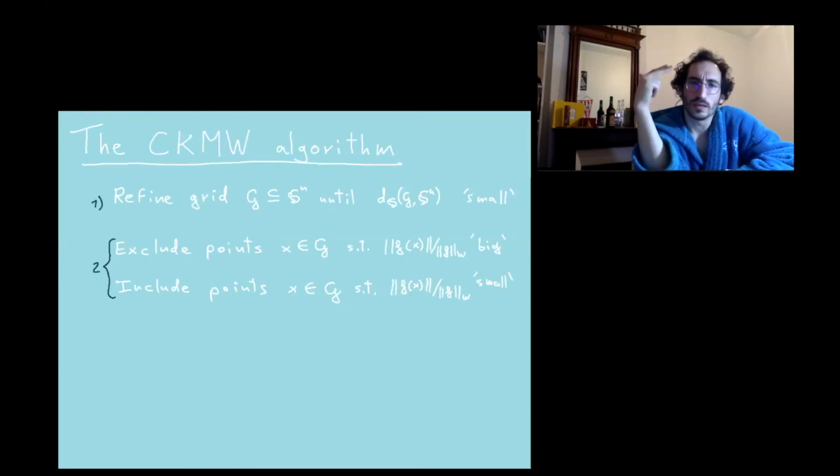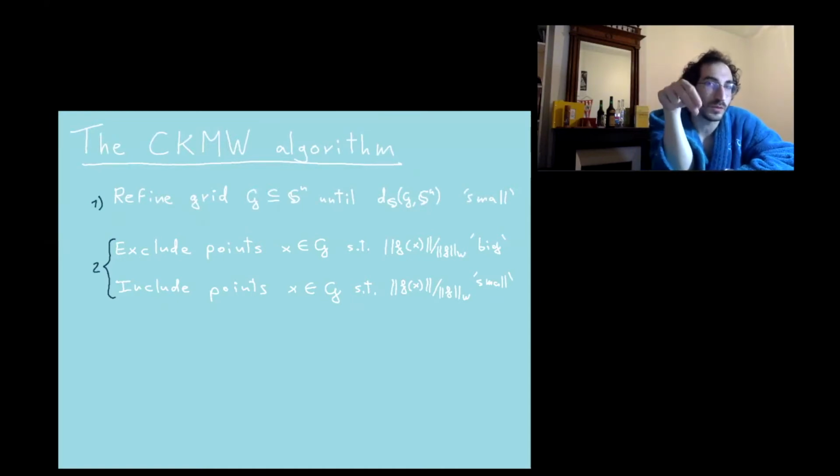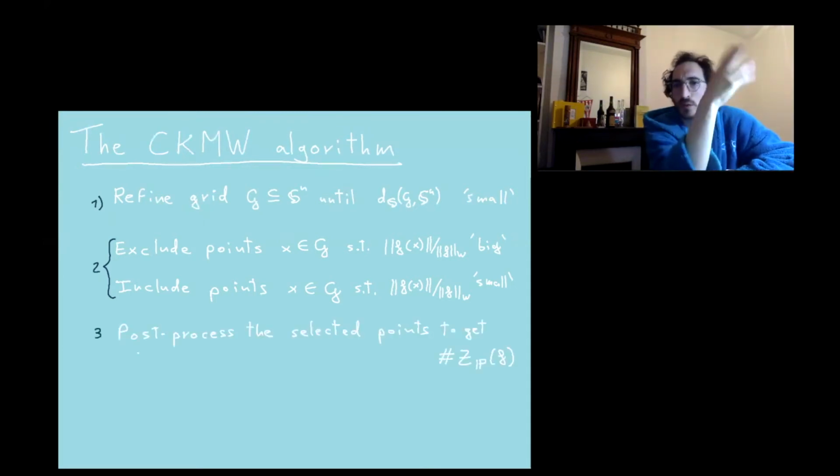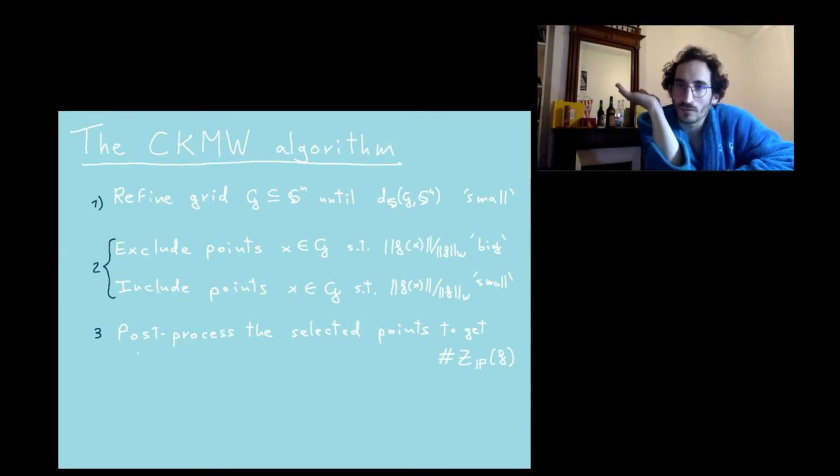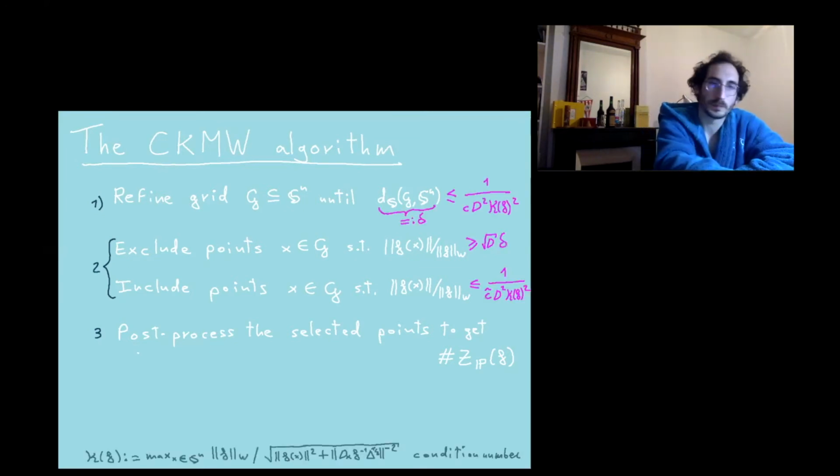We exclude points where the evaluation of the system is big, and we keep the points where the evaluation of the system is small. Then we post-process the selected points in order to get the correct count of points, because of course we can have several approximations for one zero.